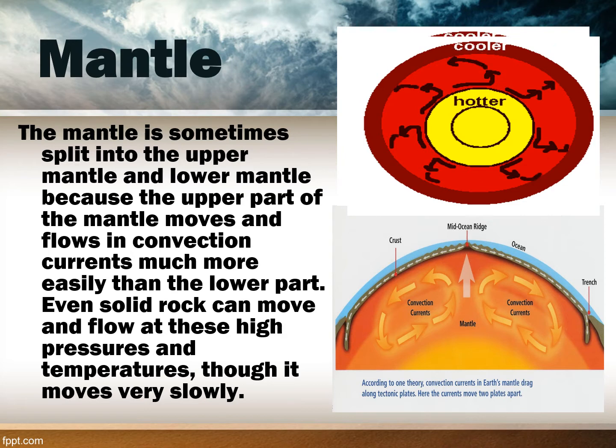Even solid rock can move and flow at this high pressure and temperature, though it moves very slowly. So the mantle is a site for the convection currents, which is why the tectonic plates move.